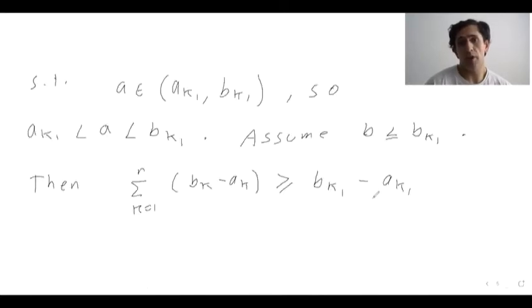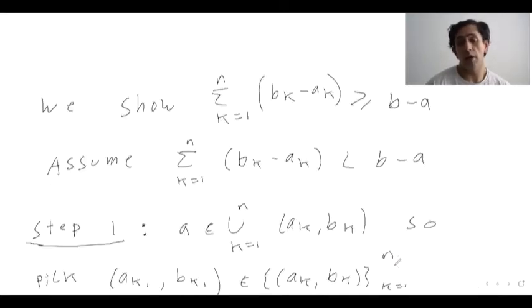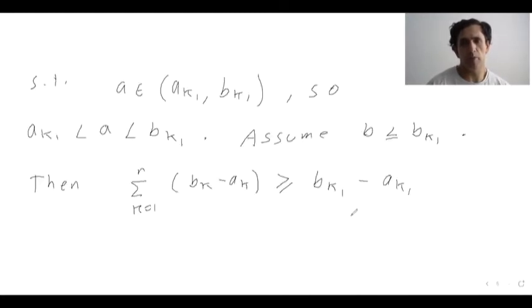In theory, it could be equal. Really, this n could be 1, or technically, we could have one genuine interval and the rest the empty set, something like that. But certainly, it's bigger or equal to b_k minus a_k.